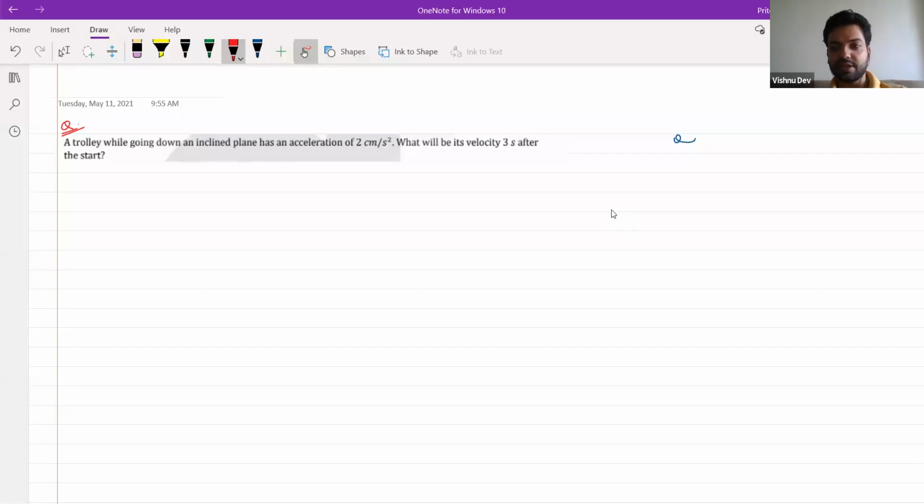Whoever does it first, let me know the answer. Okay. Take care of the units as well, guys. So Shivansh, you got 6 centimeter. Let's check. 6 centimeter per second. Right, because we are asked to find velocity. Of course, it will be in centimeters per second.